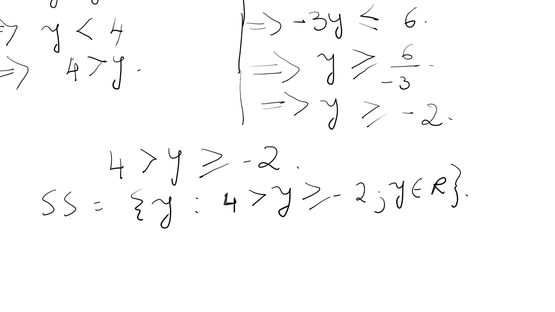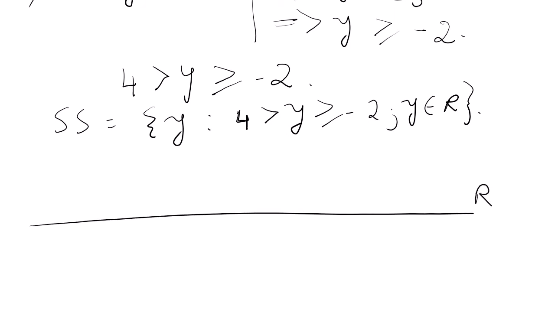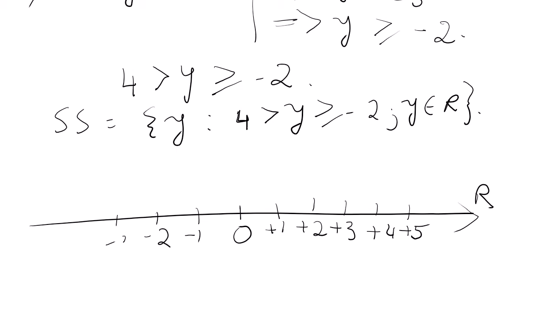Okay, now the number line. This is your 0, plus 1, plus 2, plus 3, plus 4, plus 5. Here minus 1, minus 2, minus 3, minus 4, minus 5.